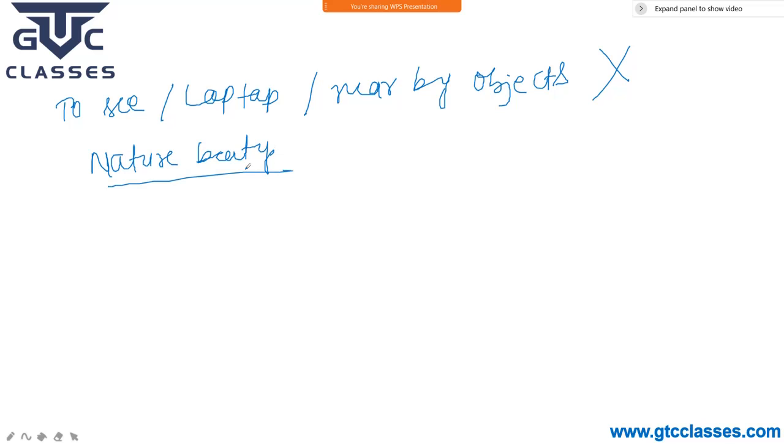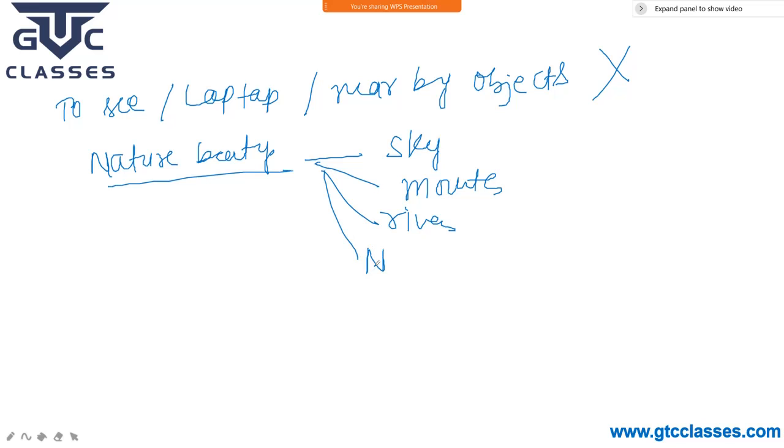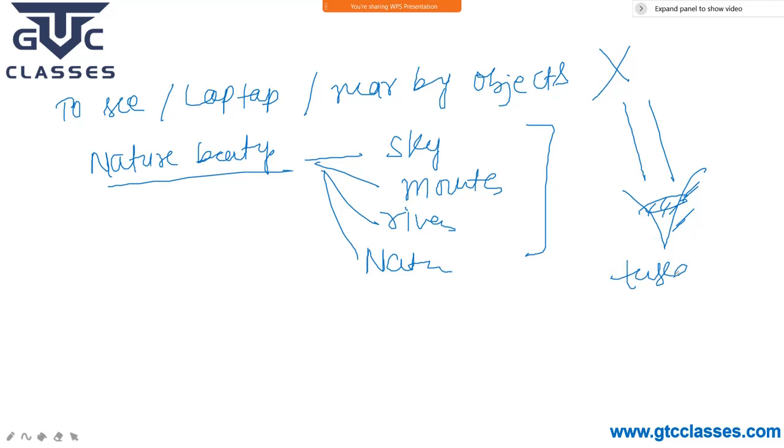It lies too far, in the sky, in the mountains, in the rivers, in nature. Beauty lies far away. That means our eyes are designed for far distances. When we see far distances, even for hours we can keep seeing them, but we will not get tensed. We will feel relaxed, amazed.